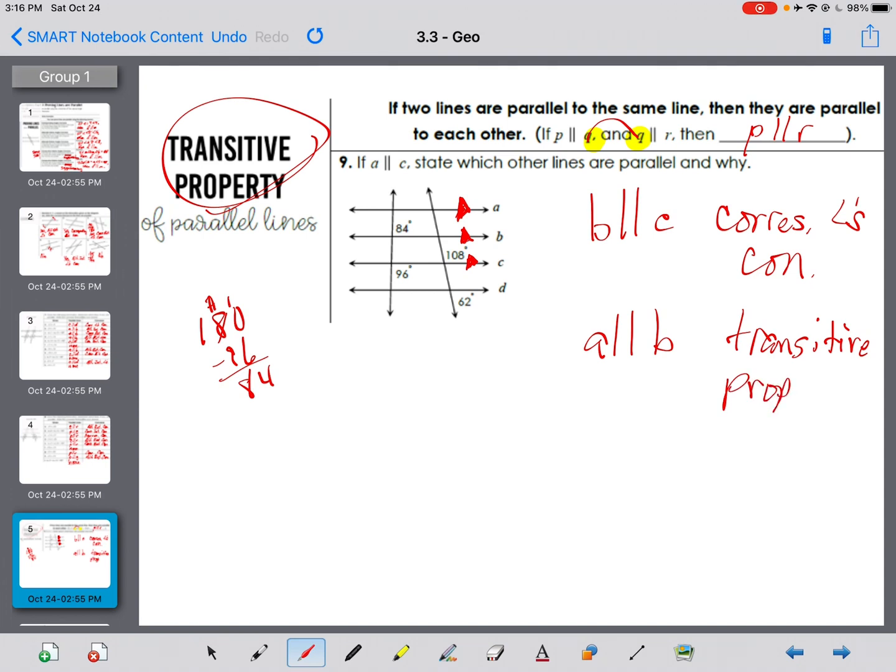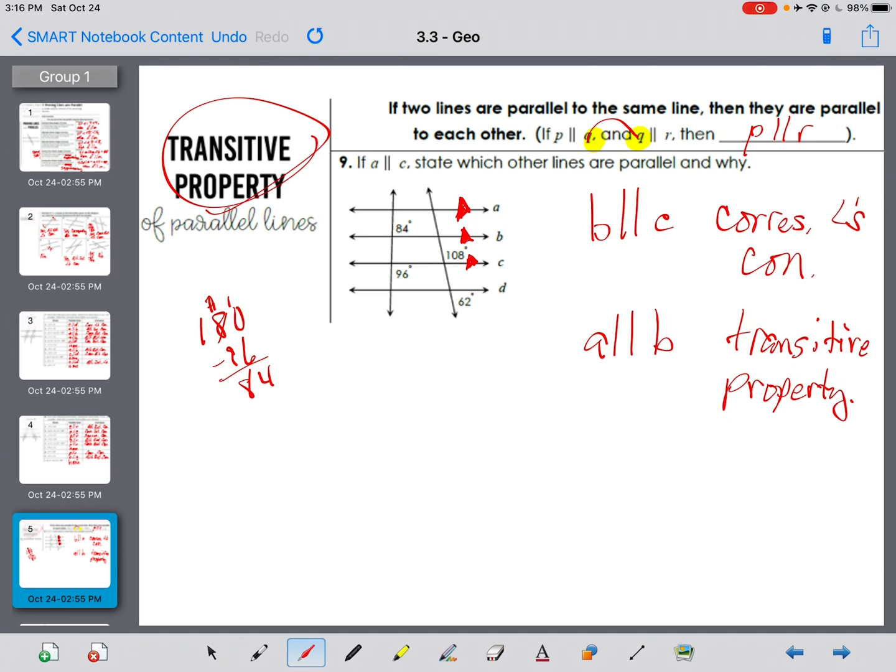The transitive property transfers the parallelness or the equalness from one set of things to another set of things. So since P is parallel to Q and Q is parallel to R, we can transfer through the Q's that P is also parallel to R.